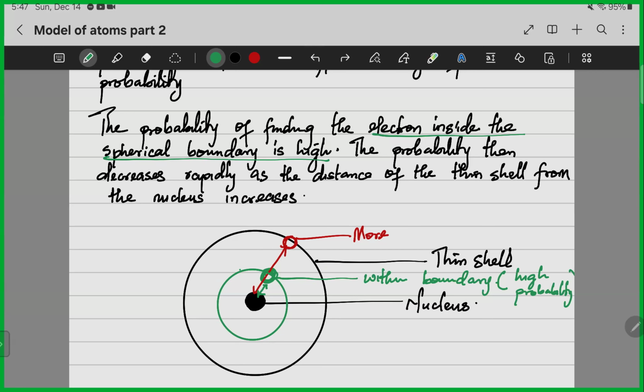But as the distance of the thin shell from the nucleus increases, this one is more distant, and so there is a low probability of finding an electron there.